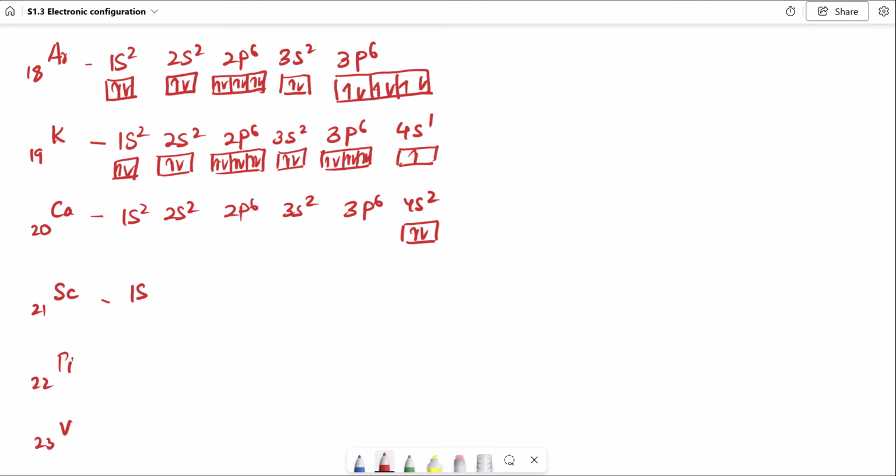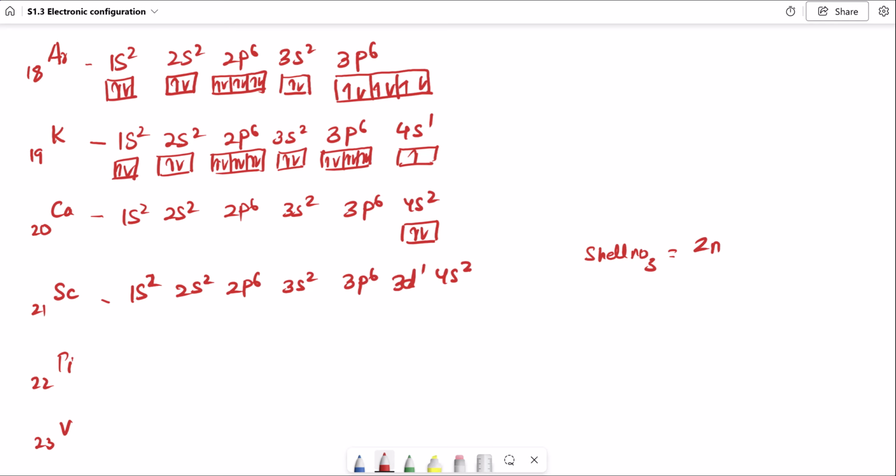So it starts with 1s2, 2s2, 2p6, 3s2, 3p6, then 3d1, 4s2.